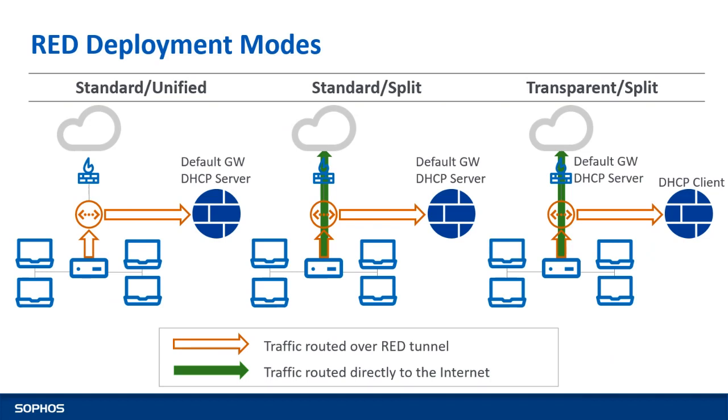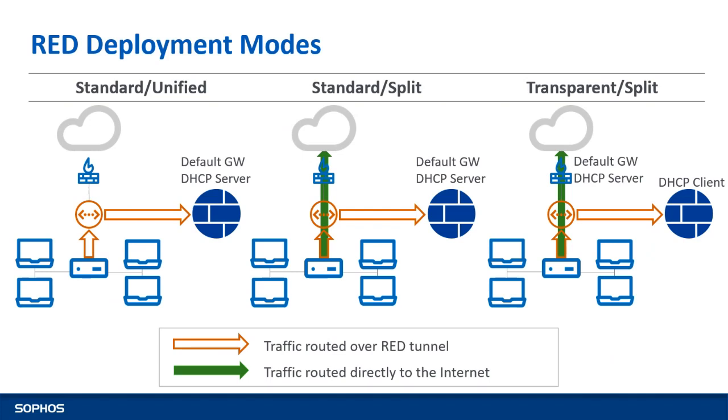These modes are really important, guys, because the test has a lot about these modes and the difference between each mode. Okay, so please pay attention to this. What are the 3 modes? Standard unified, standard split, and transparent split.